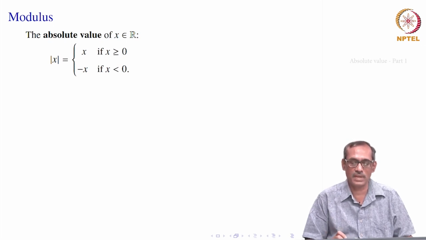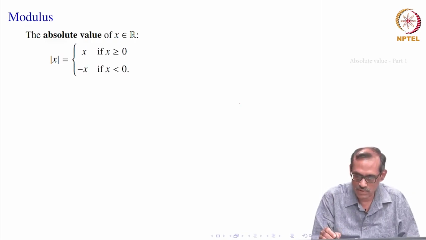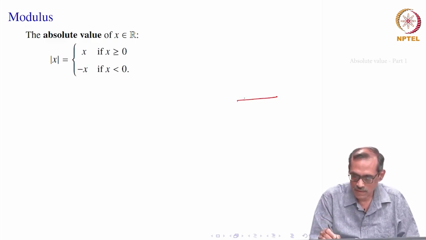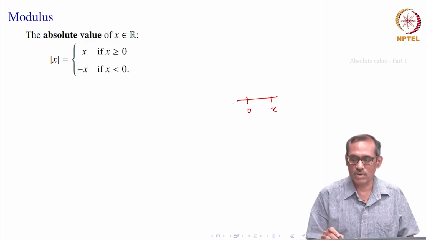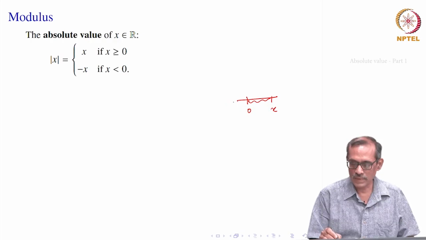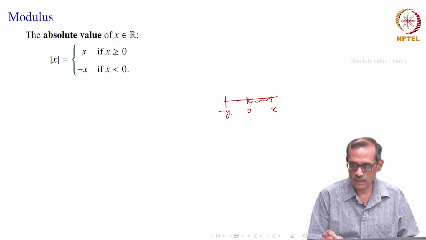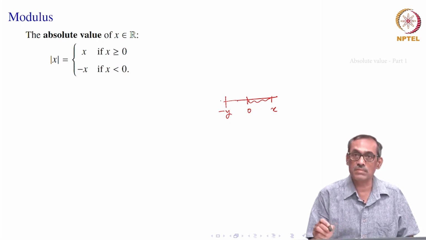So, this absolute value really finds the distance of the real number from 0 on the real line. Suppose you take the real line, you have 0 here, you take x here which is positive, then the absolute value of x will be equal to x, which is equal to this distance itself. And if it is negative, say here it is minus y, then its absolute value will be equal to y.